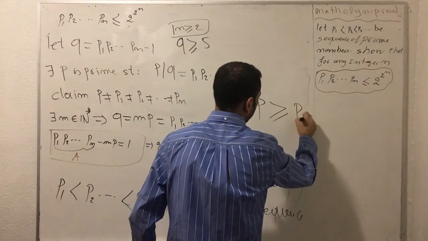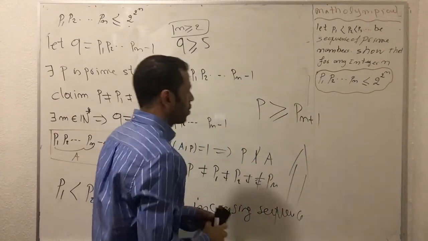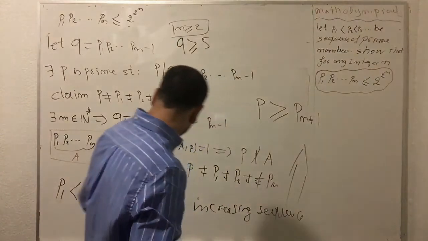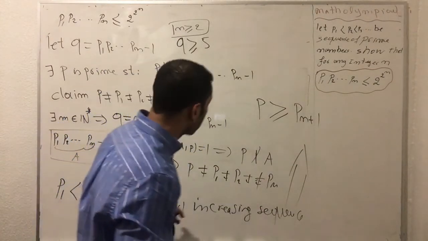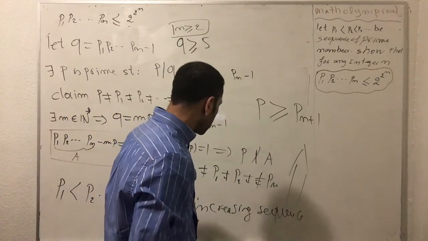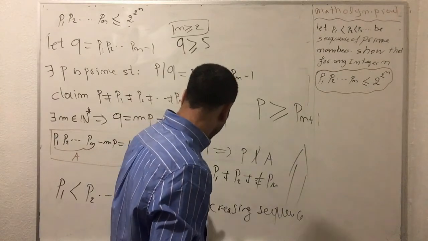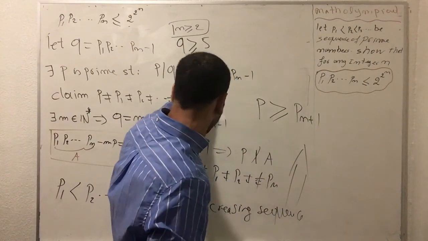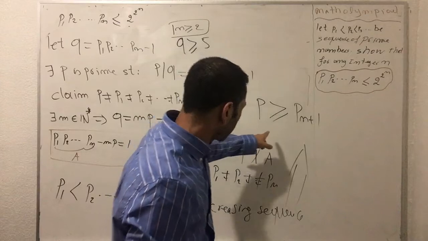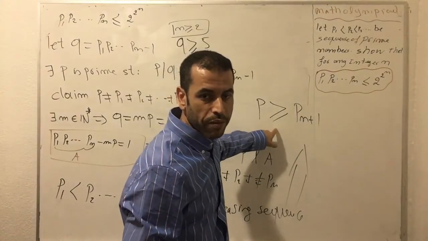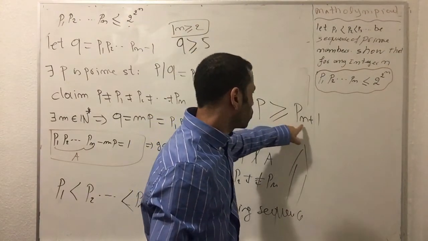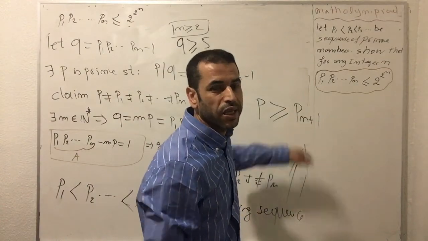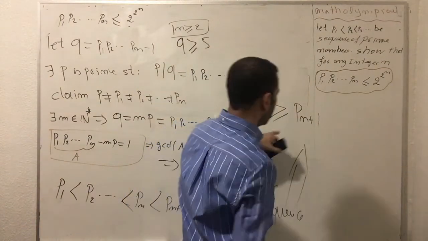At least this prime number has to be greater than or equal to Pn plus 1. At least you take the minimum value Pn plus 1 and up.